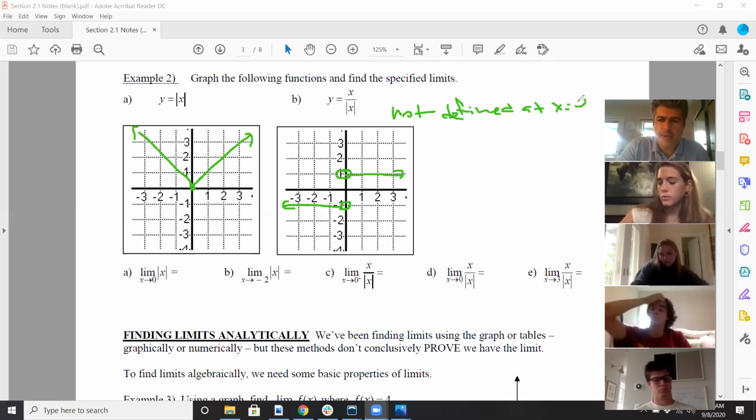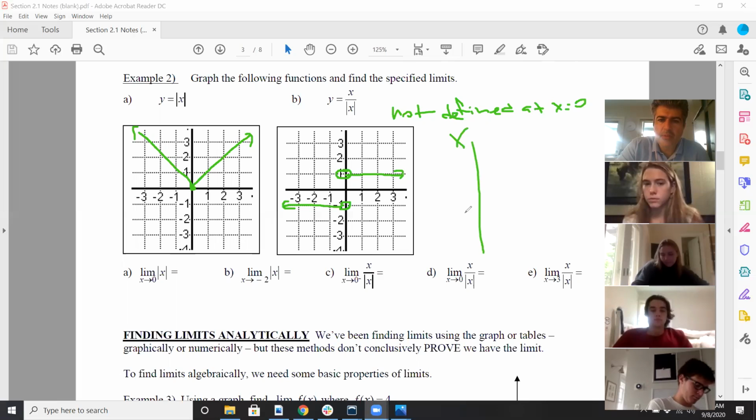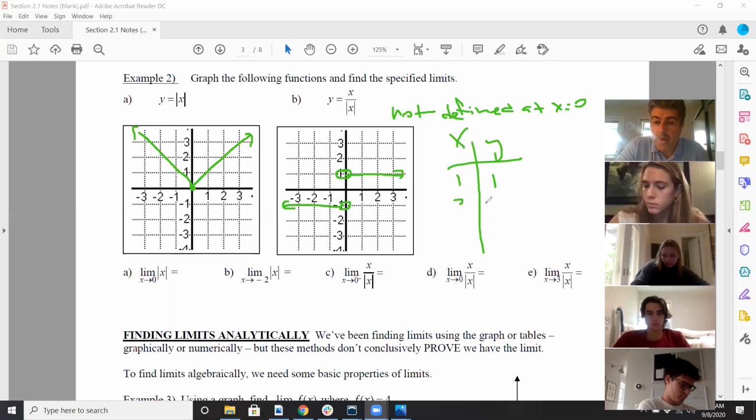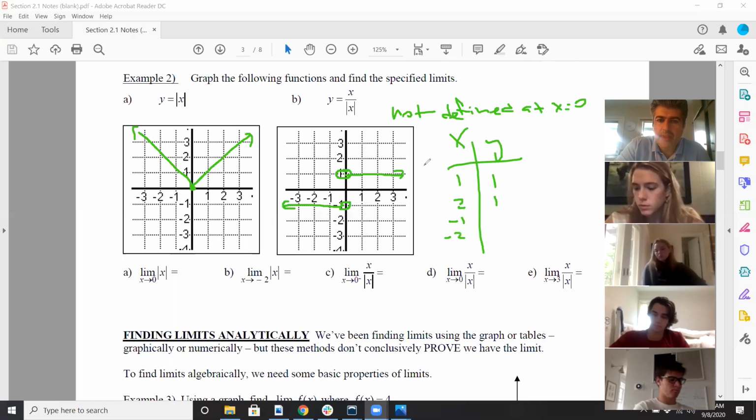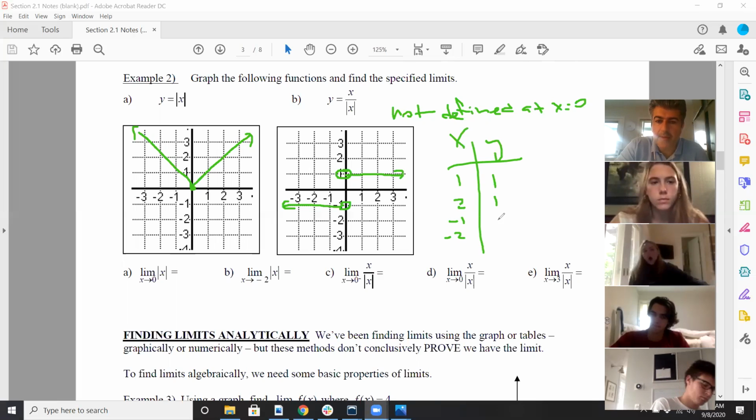I think we may have had that in the summer assignment. And if you did a table for b, if you plug in 1, I get 1, because 1 over 1 is 1. If I plug in 2, I get 1, because 2 over 2 is 1. If I plug in -1, I get -1 up top but +1 down below. If I put in -2, I get -2 on top but +2 down below. That ratio is going to be -1 in both cases. And it's a piecewise function because it's not defined at x equals 0, and the left side and right side of x equals 0 are different, right?